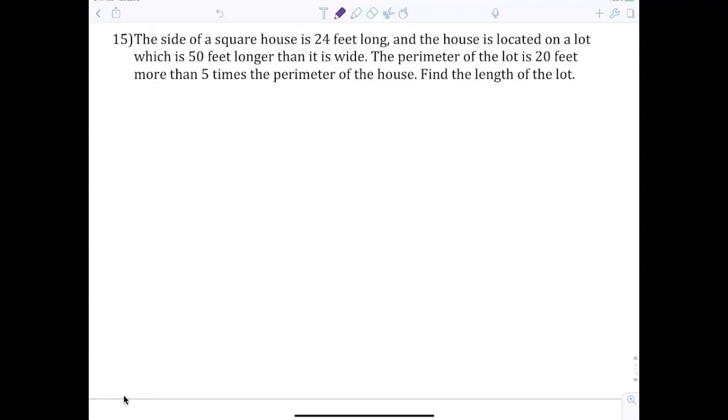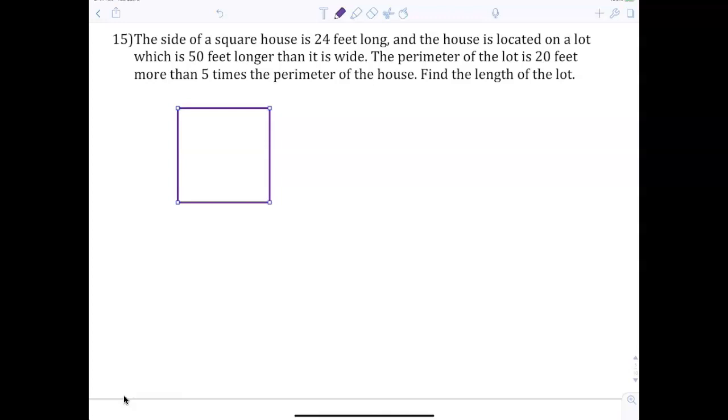So it says, the side of a square house is 24 feet long. So I'm going to draw the square house, right? Everybody draw a square house. All right, so there's my square house. And it says that it is what? 24 feet, right?